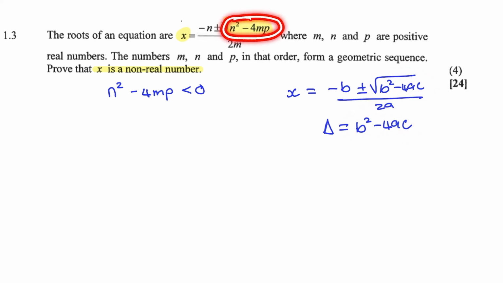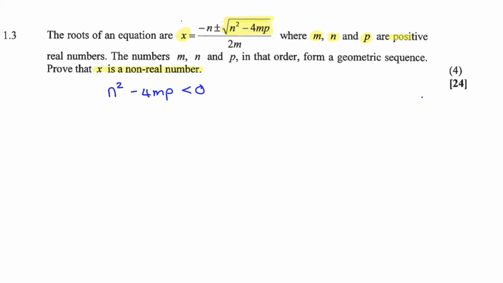Next we have m, n, and p are positive real numbers, and the numbers in that order form a geometric sequence. So that means we have a number pattern of m, n, p, and it's a geometric sequence. So it has a constant ratio between terms.